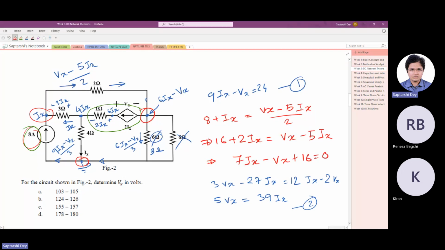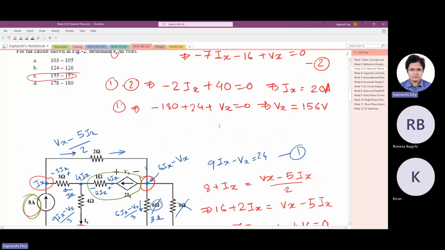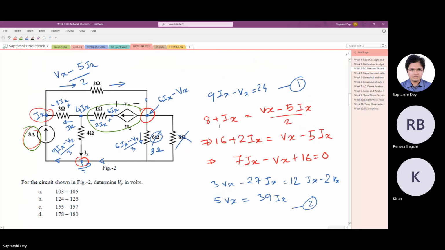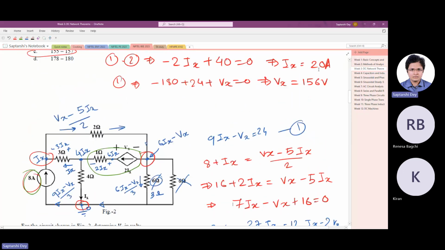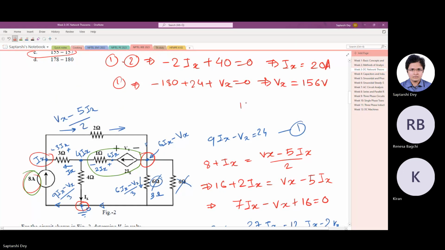I think we already got this equation before. Anyway, so 7ix minus vx is 16. Now where does it match? 7ix is 140, minus 156 is minus 16. Yes.